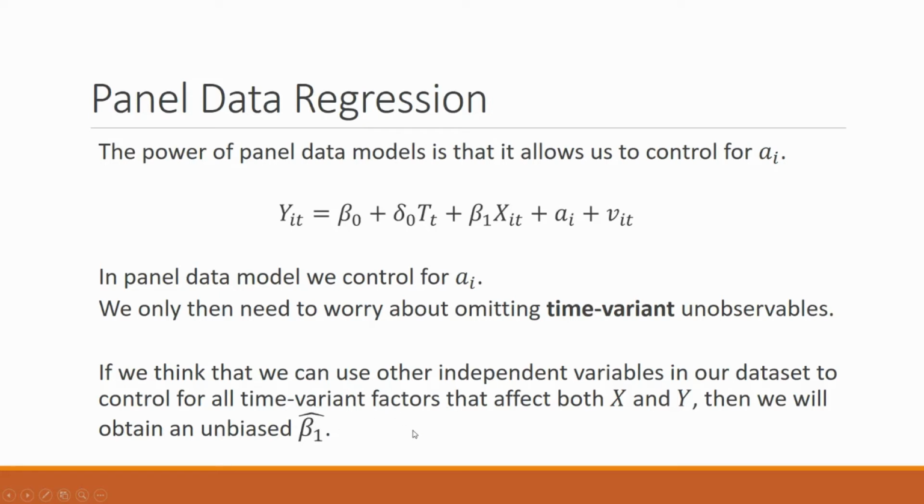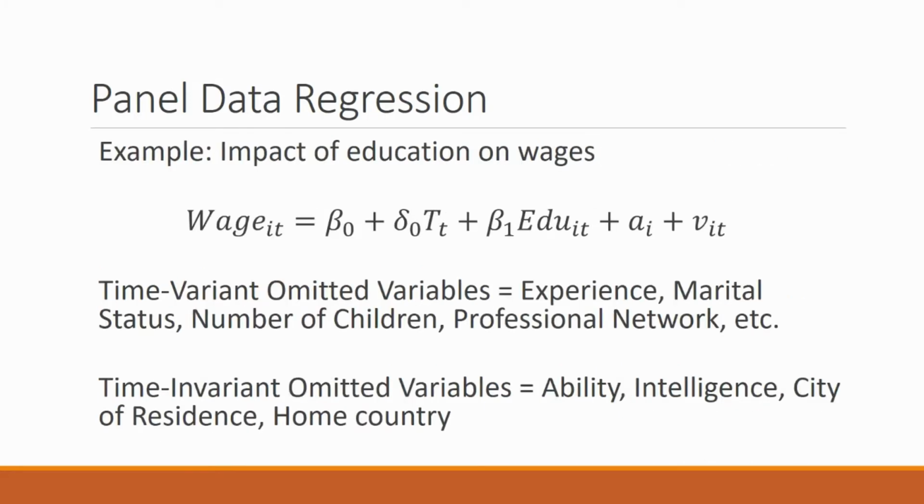That means if we use a panel data model, we're able to control for all the time invariant unobservables, and if we can assume that we can control for all the time variant factors using independent variables in our regression model, then we are able to get an unbiased coefficient. So panel data models allow us to eliminate an entire portion of our omitted variable bias.